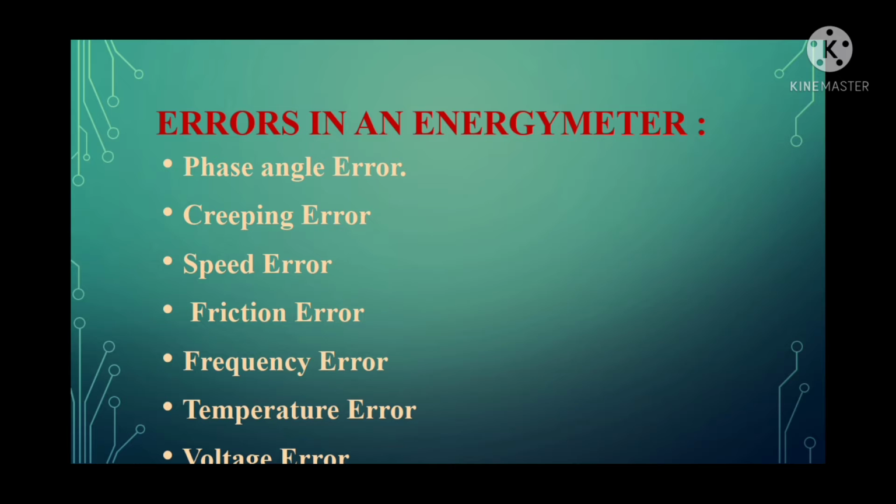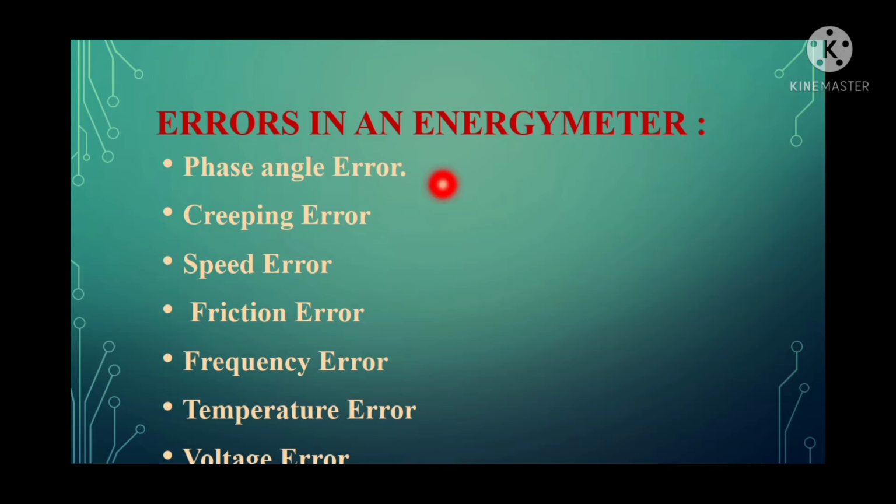If the measurement from the instrument correlates with the standard instrument's measurement, then that instrument is said to be more accurate. Suppose there is any deviation in that particular instrument, then we need to employ certain measures to correct those errors. So let's discuss what errors could occur in an energy meter and how we can eliminate those errors.